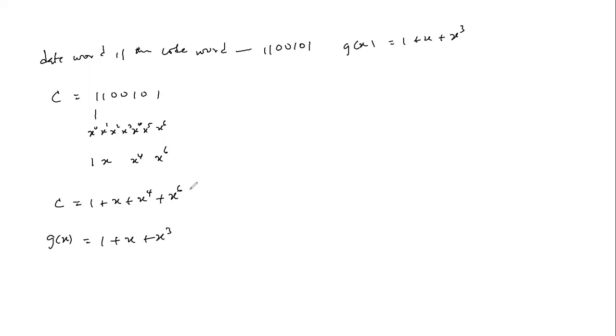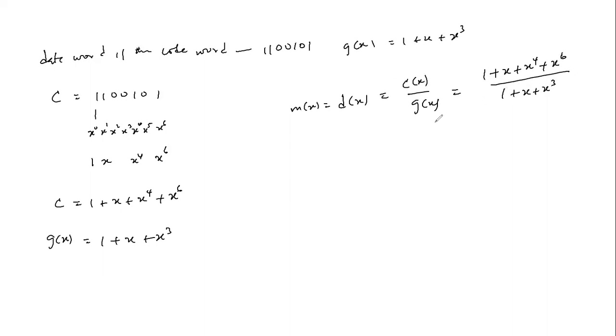Now recall that the data word or the message bit is the same as the binary bits resulting from the division of the code word and the generator polynomial. So the message m of x in this case is the same as c of x over g of x, right? That is 1 plus x to the power of 4 plus x to the power of 6 divided by 1 plus x cubed.